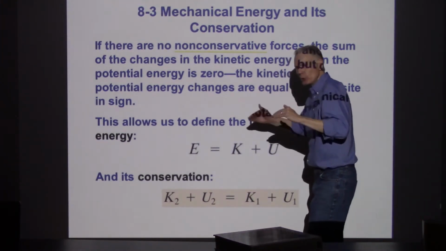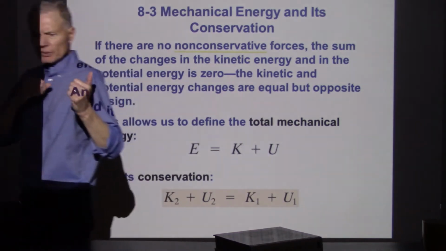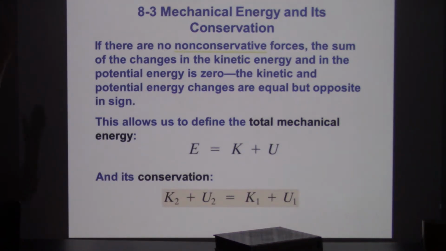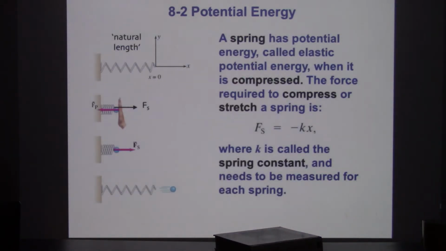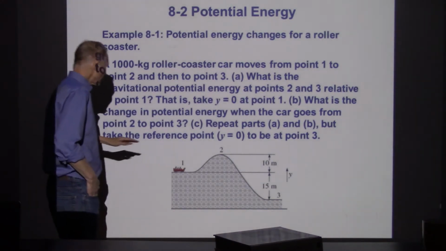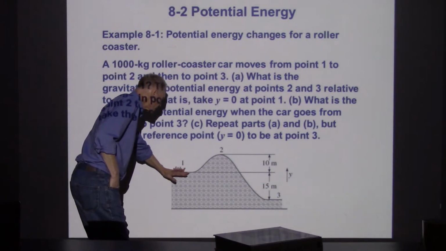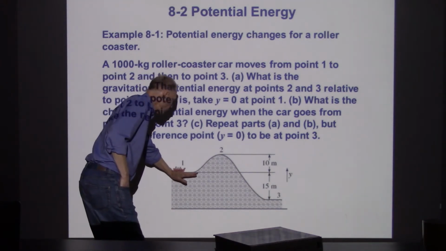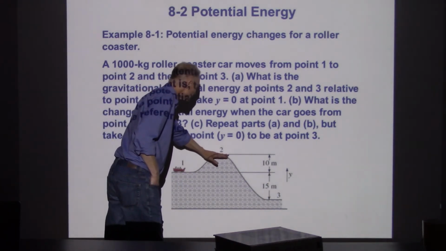Now, if we think back up to the roller coaster, stare at that formula a bit. It's saying at each location along the way, if there are no non-conservative forces, no forces that have been removing energy from the mechanical system we're looking at, then if we start out with a certain amount of kinetic and potential energy here, what happens to kinetic and potential energy here?